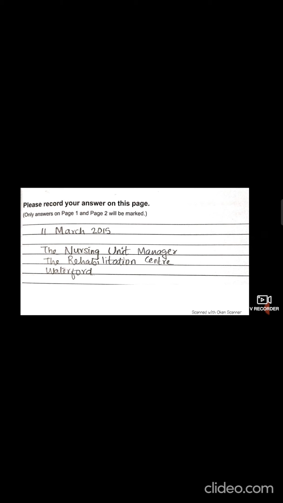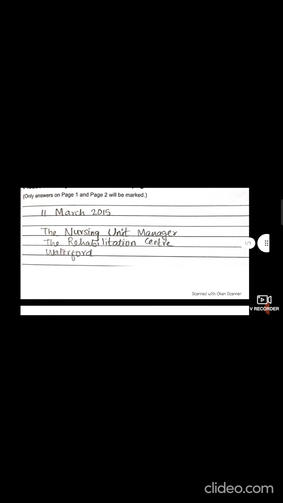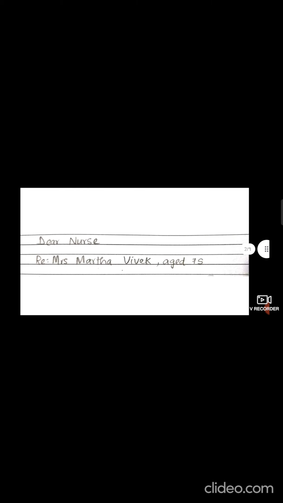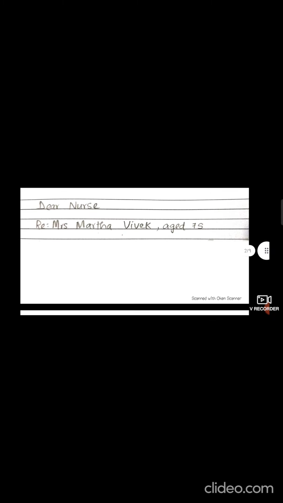The starting part is very easy to remember: you just have to copy from the question paper, then the salutation and the details regarding the patient. Here you will get confused while writing some question papers, but it's okay. When you practice more, gradually it will be easy for you.